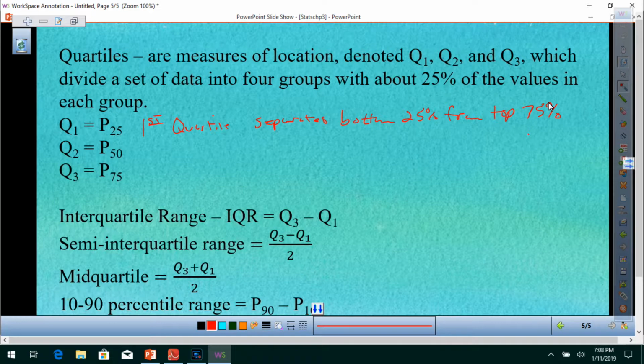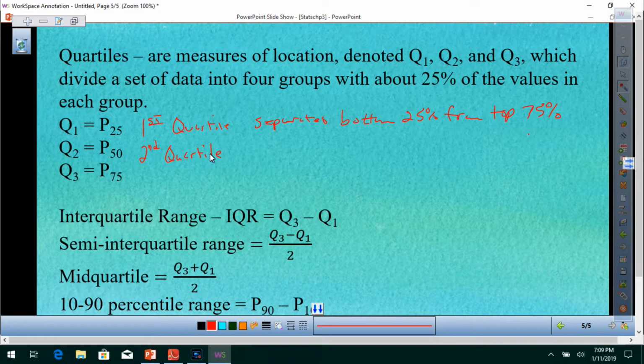Another way to say it is at least 25% of the sorted values are less than or equal to Q sub 1, and at least 75% of the values are greater than or equal to Q sub 1. Q2 is called the second quartile.